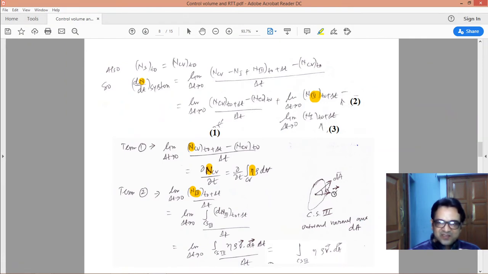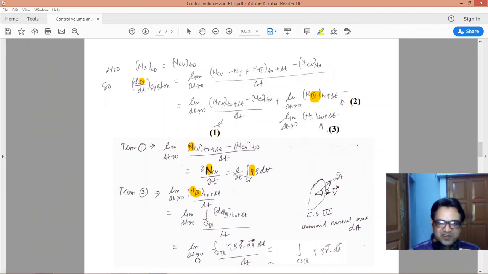So there is a velocity vector, there is an outward normal vector to the control surface 3. So in this case you see, for the outflow control surface 3, both this outward normal and the velocity vector are acting along the same direction. So the dot product we can use and it will have a positive value.